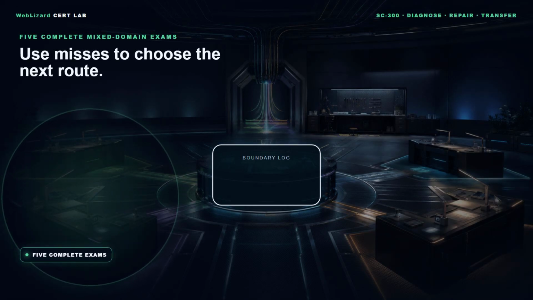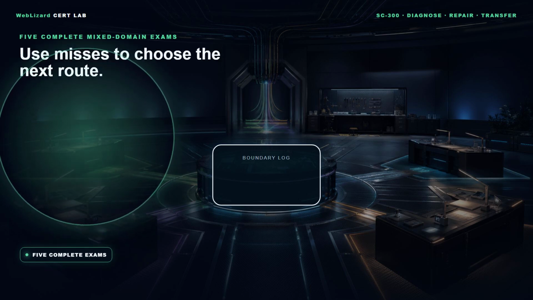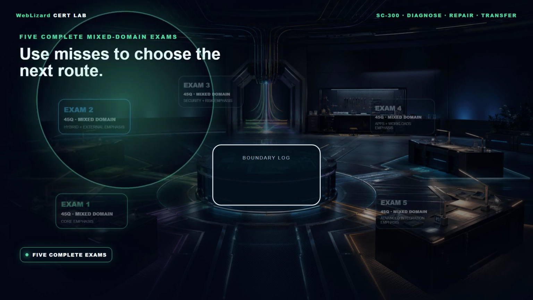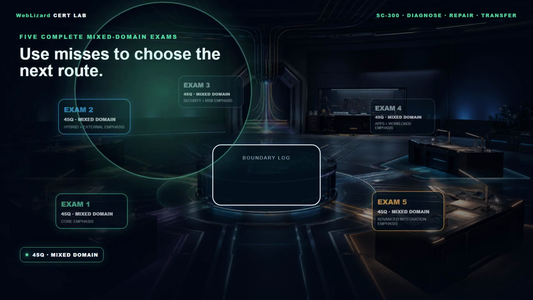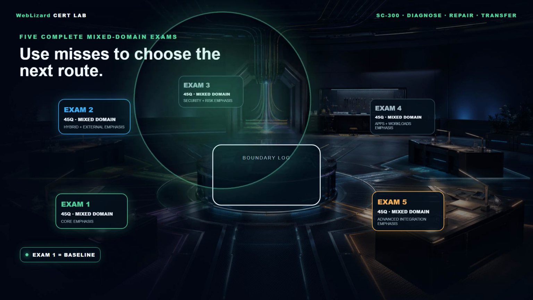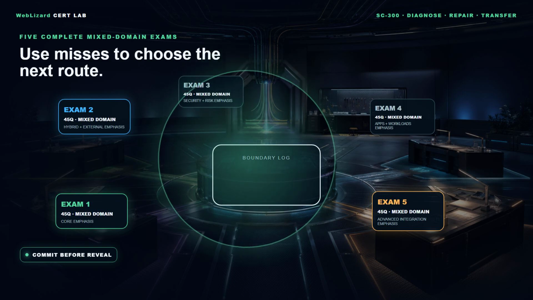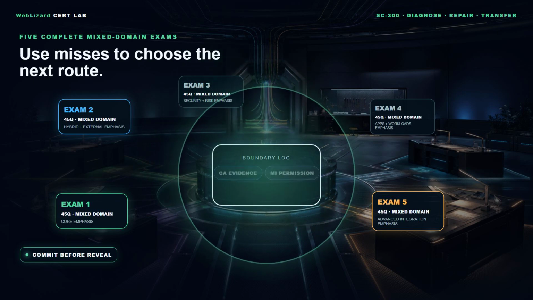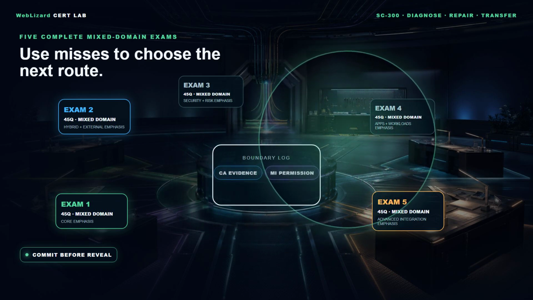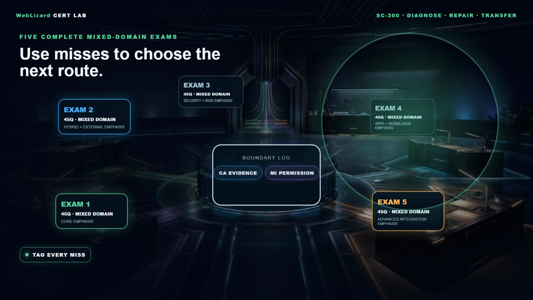Each practice exam is a complete, original 45-question mixed domain exam, never an exam dump or copied, signed-in practice assessment. Their emphases are core administration, hybrid and external identity, security and risk, applications and workloads, and advanced integration. Take exam 1 as a baseline, not a verdict. Commit before each reveal. Tag every miss by boundary: object lifecycle, access policy, risk, workload authority, governance, or evidence.